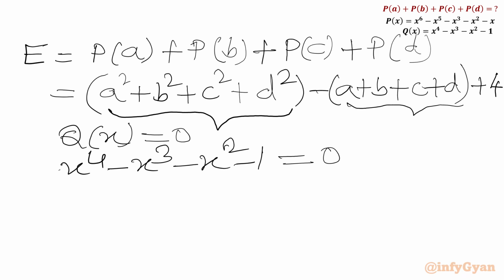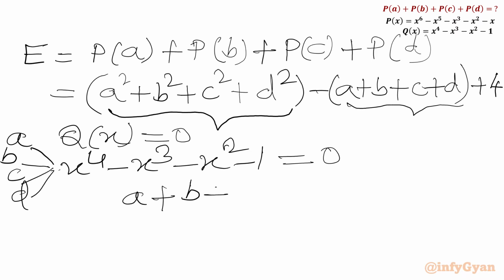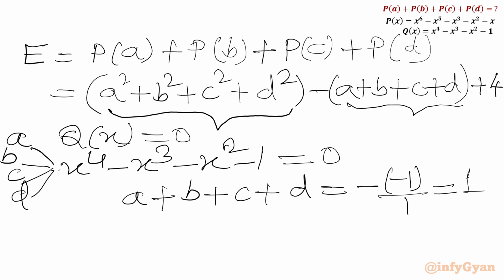If the roots of this quartic equation are a, b, c, d, we can write the sum of roots a plus b plus c plus d equal to minus the coefficient of x cube over the coefficient of x power 4. So minus of minus 1 over 1, the value will be equal to 1.